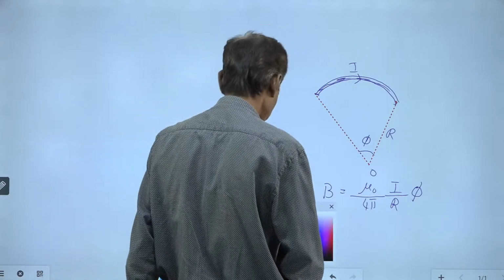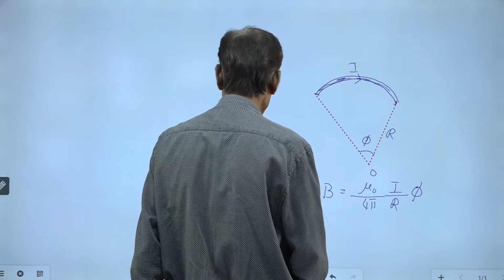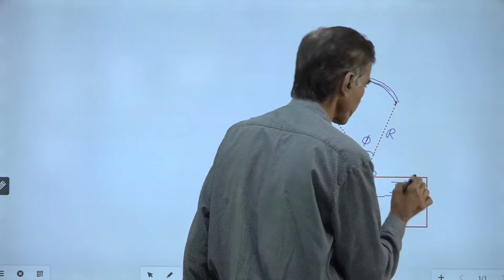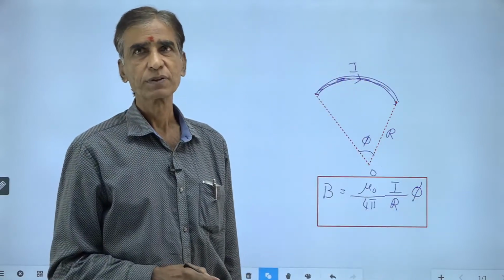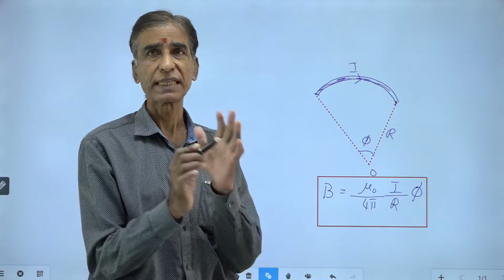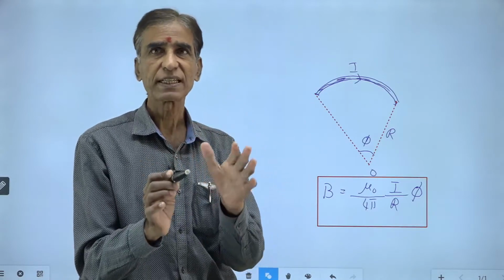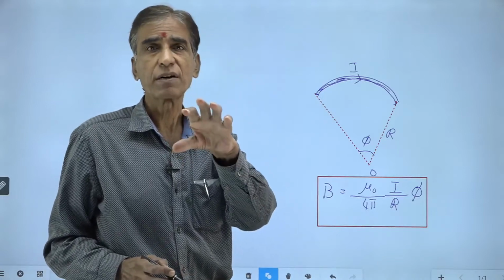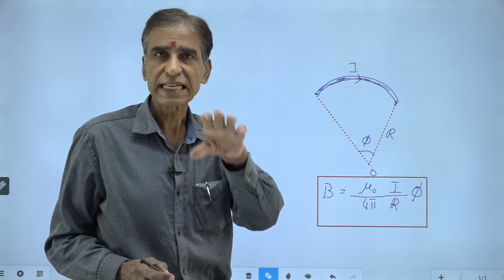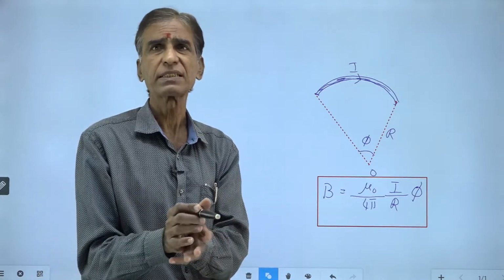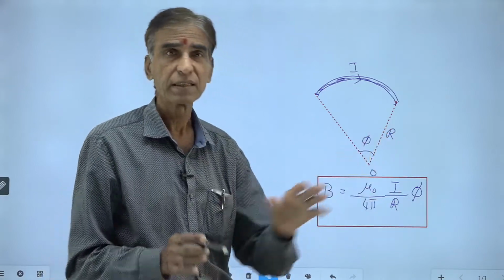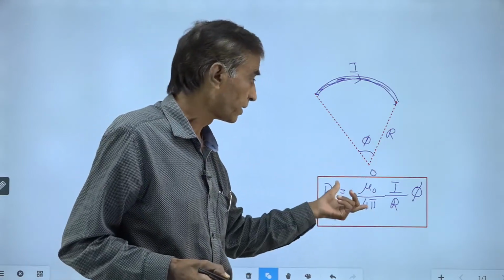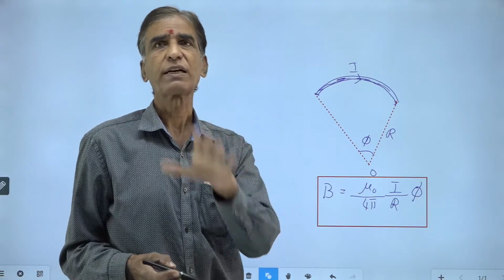That is important for us, because most of the time in examinations they will ask a combination of arc of circle and straight conductors, all combinations. In that case we have to combine all the fields by vector notation. We are going to combine them and find the resultant field at a required point.